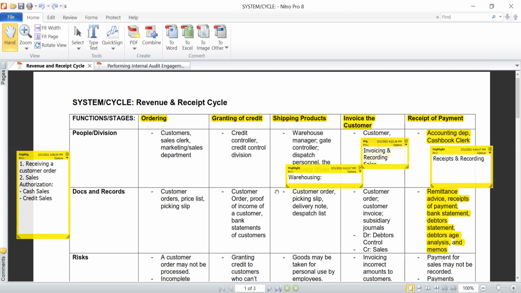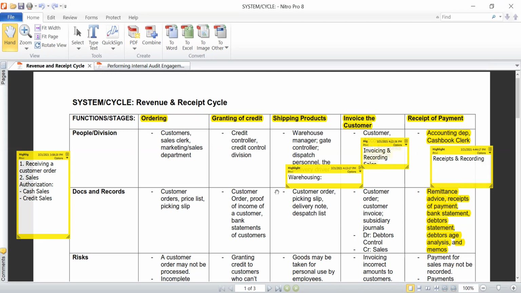But let's also get to a point where you have an understanding as to why businesses have a revenue and receipt cycle in their operations. Essentially, the purpose behind this particular cycle is for us to be able to give account of how a company or a business organization is generating revenue.